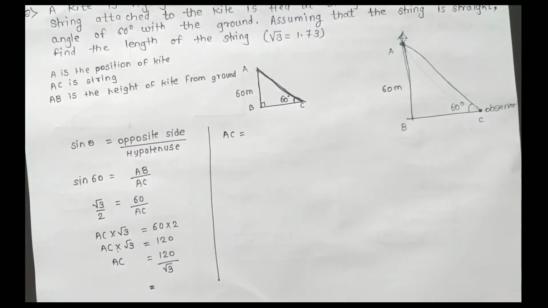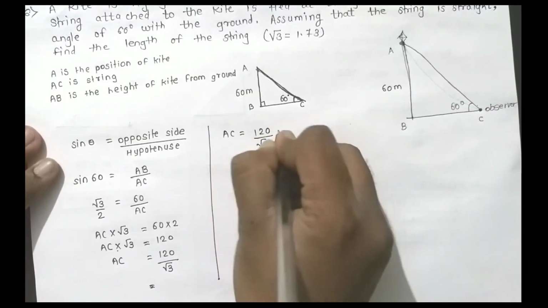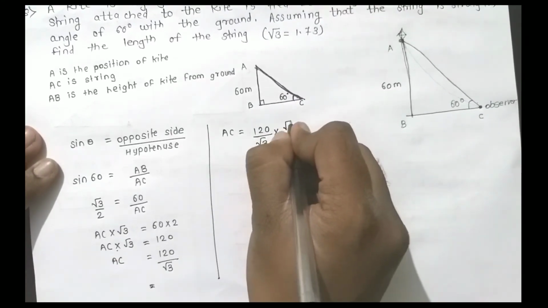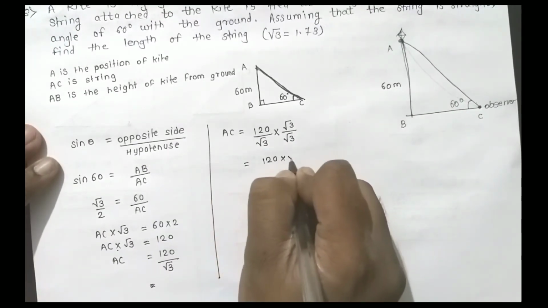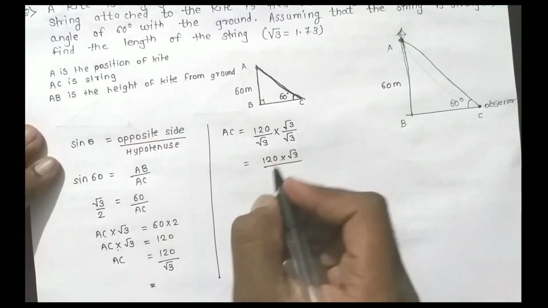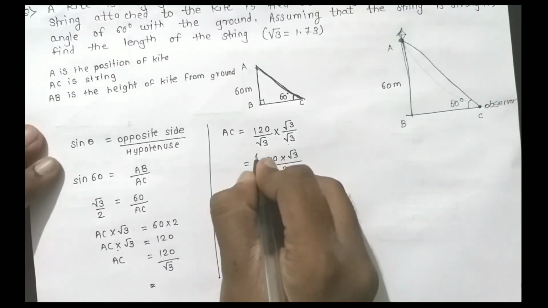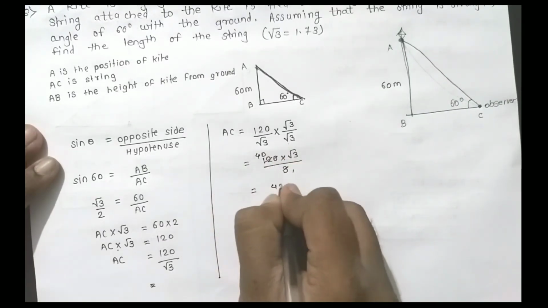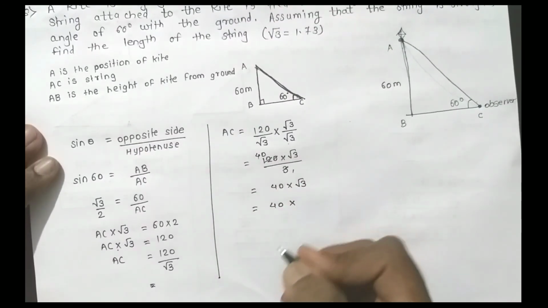What we do, if there is root in the denominator, we have to rationalize it. So 120 upon root 3. How to rationalize? Multiply and divide by root 3. The value is 120 root 3 divided by 3 3s are 9. 9's a root, only 3. 3 1s are 3, 3 4s are 12, 0 as it is. 40 multiplied by root 3. 40 as it is.